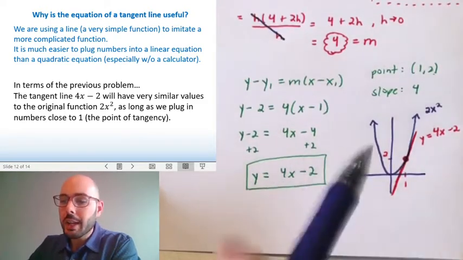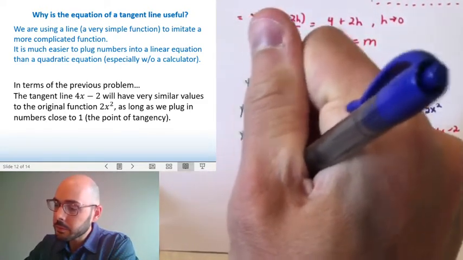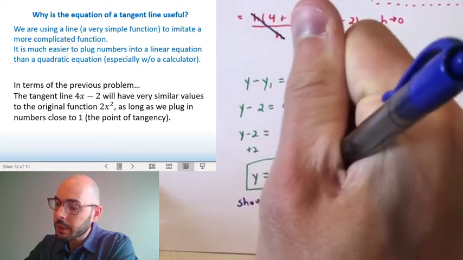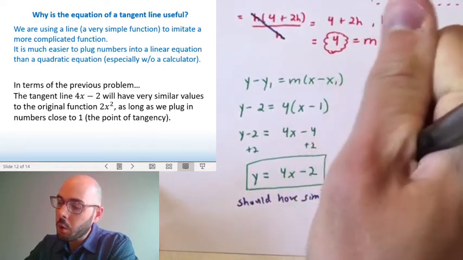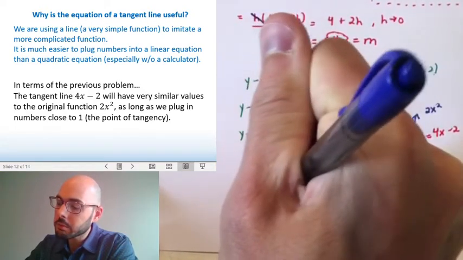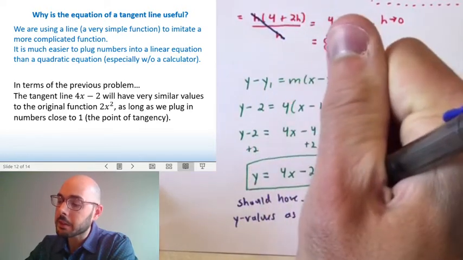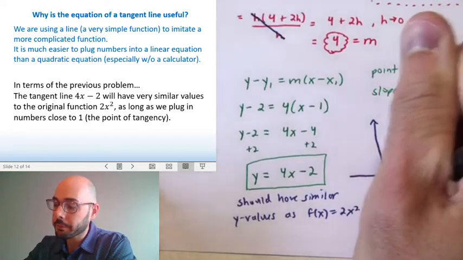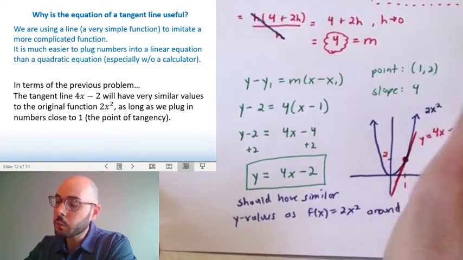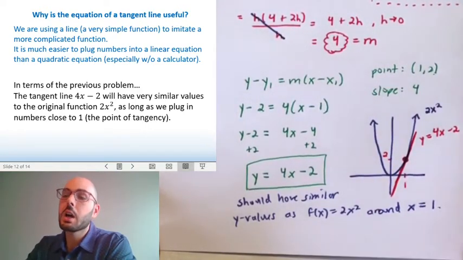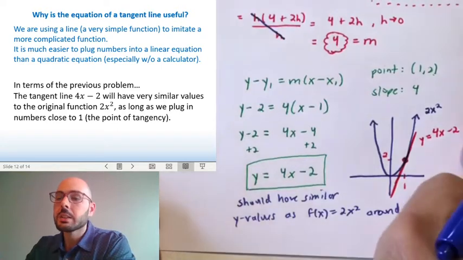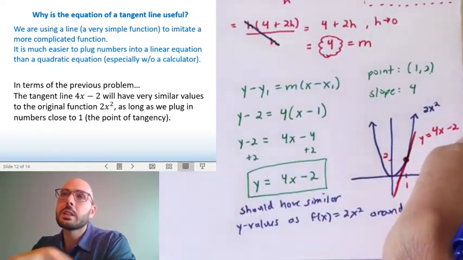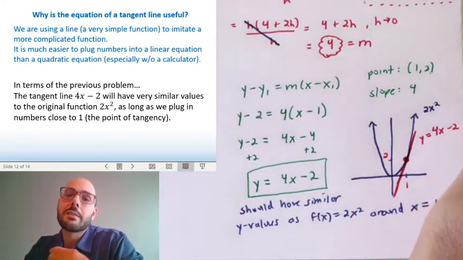So this should have similar y values as the function that we started with, which is 2x squared, as long as we're only plugging in numbers around 1. So let me maybe plug in 1.5. How about that?